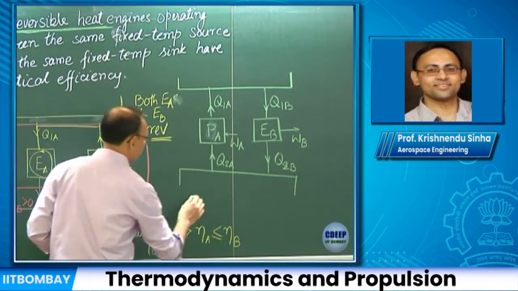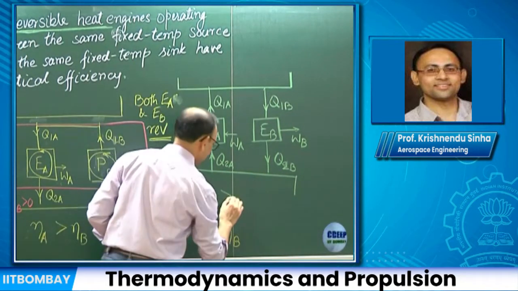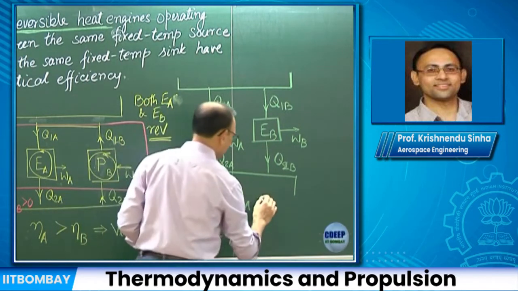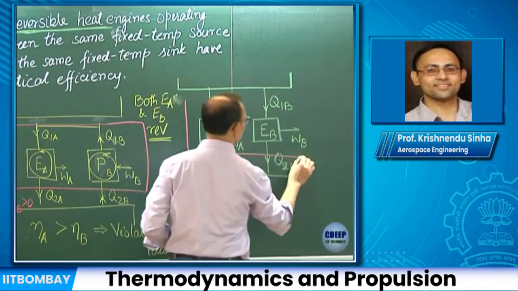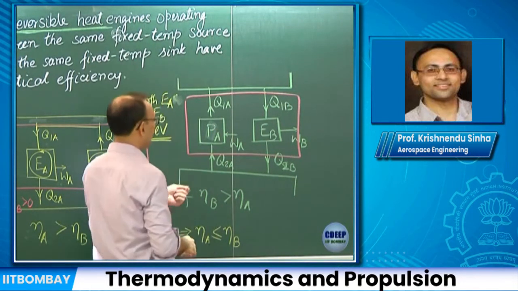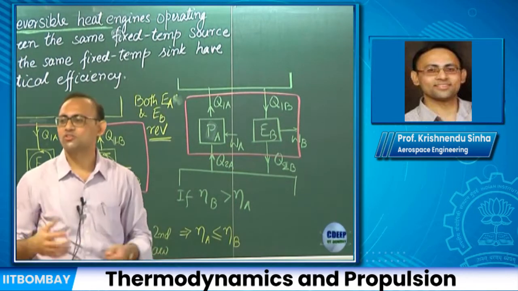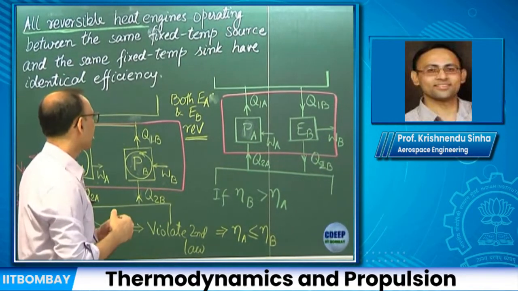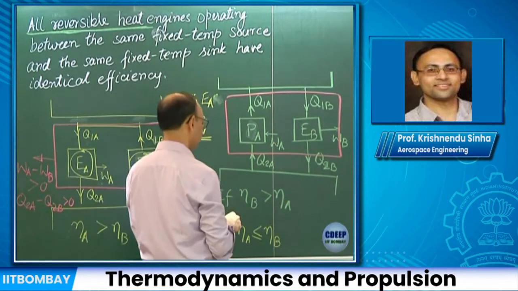For this, if we start with eta B greater than eta A, then again we apply the same argument, make a new engine which is a combination of the two, and show that it will have a non-zero work output while taking up heat only from one reservoir and not rejecting any of it, converting all of that heat into work.